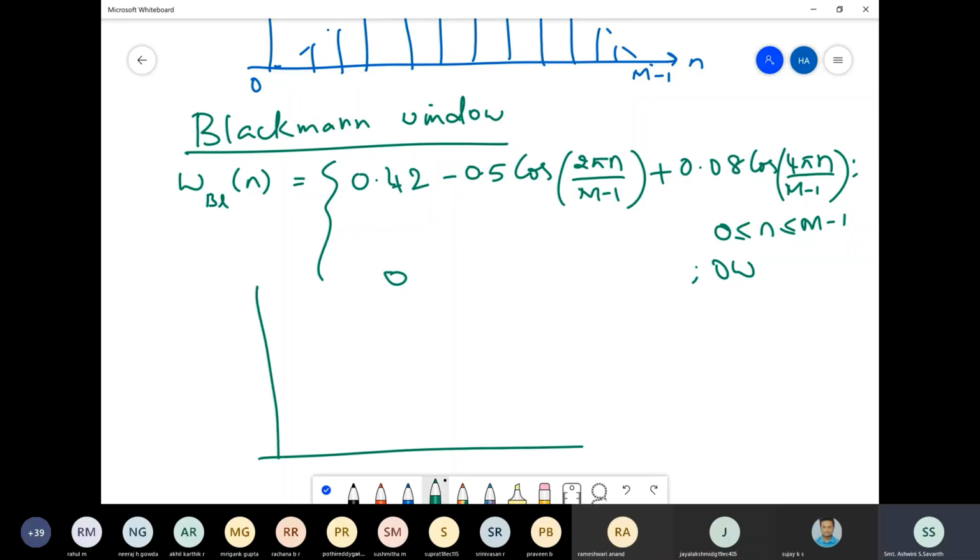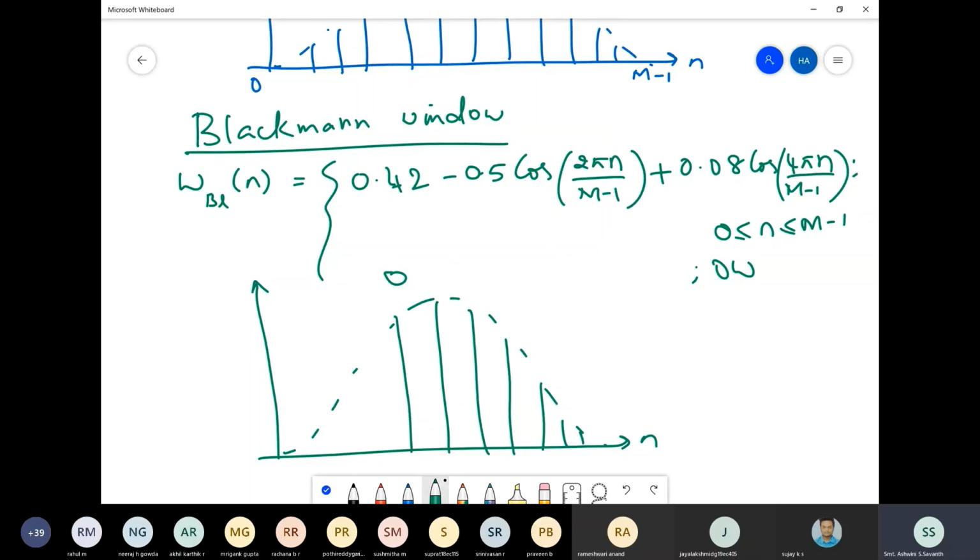So this is very similar to Hamming and Hanning and has a bell shape again. The only differences you see are in the equations of the different windows.